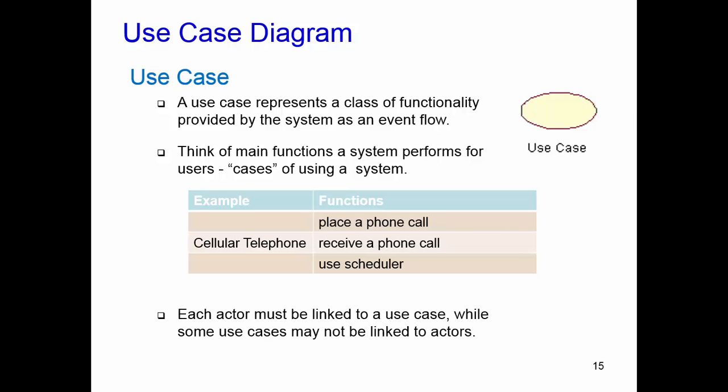Each actor must be linked to a use case, while in some cases, some use cases may not be linked to actors. So all your actors have to be linked to one of the use cases in your diagram, but not every use case has to be linked to all the actors.